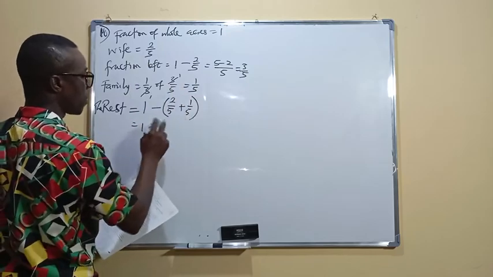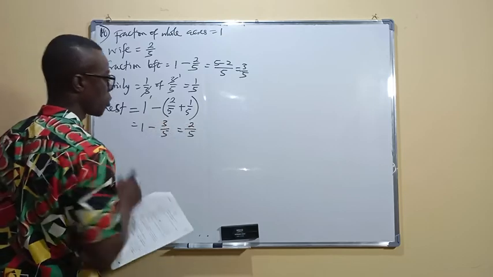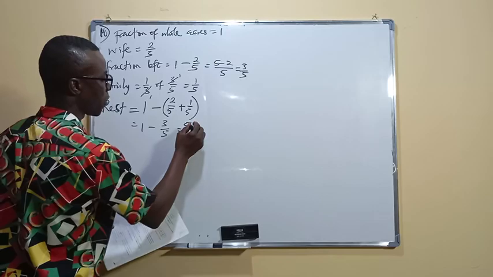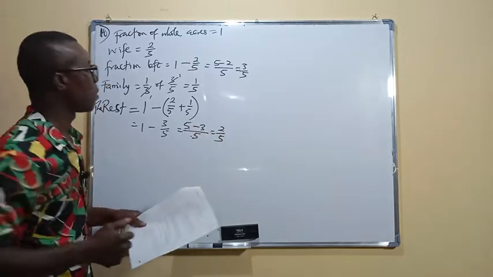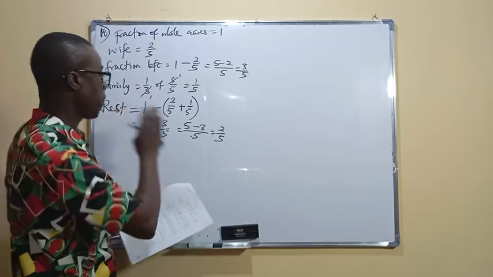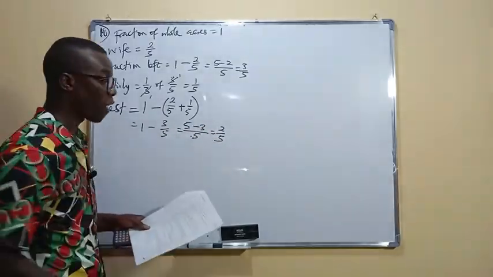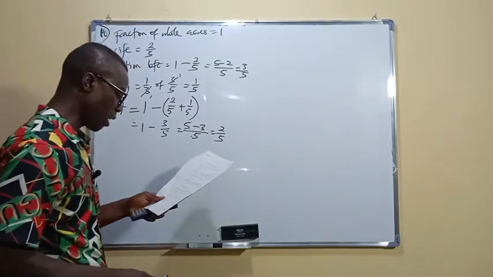And this is 1 minus 3/5. Okay, let me take it gradually. 5 times 1, that's 5 minus 3 over 5, and that gives 2/5. So when he gave 2/5 to the wife and 1/5 to the family, the fraction left, that's the rest, is 2/5. Now, this is exactly what is going to be shared among his 3 children.